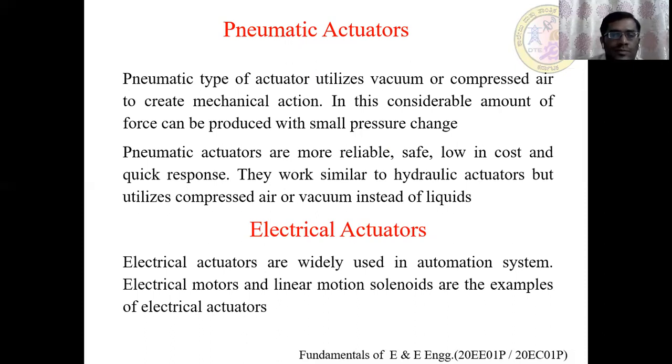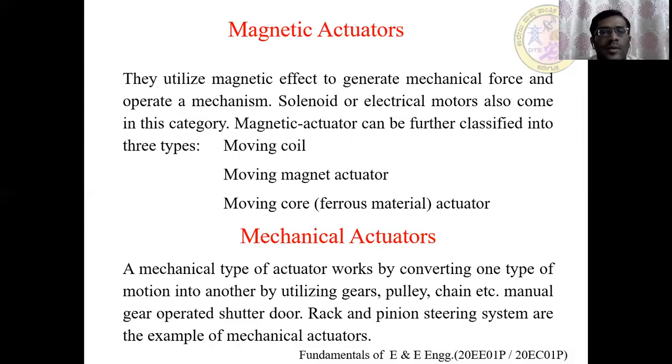Electrical actuators. The electrical actuators are widely used in automation systems. Electrical motors and linear motion solenoids are examples of electrical actuators. So what are magnetic actuators?